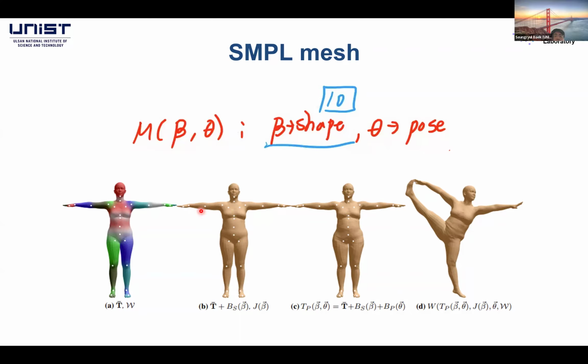If we multiply the rotation matrix for this joint with the vertices related to this joint, then this part will be rotated with respect to that joint. Are you guys understanding this? Mathematically, moving the arm is multiplying a rotation matrix to the vertices related to, say, the elbow joint. By doing similar matrix multiplication for all the joints, we can manipulate their pose.